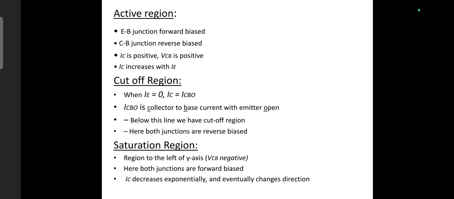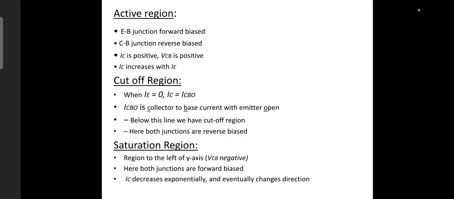So now we will discuss each and every region in detail. In the active region, the emitter base junction is forward biased and the collector base junction is reverse biased. This is the normal operating region for amplifiers. In the cutoff region, both the junctions are reverse biased, the transistor is turned off and almost no current flows.